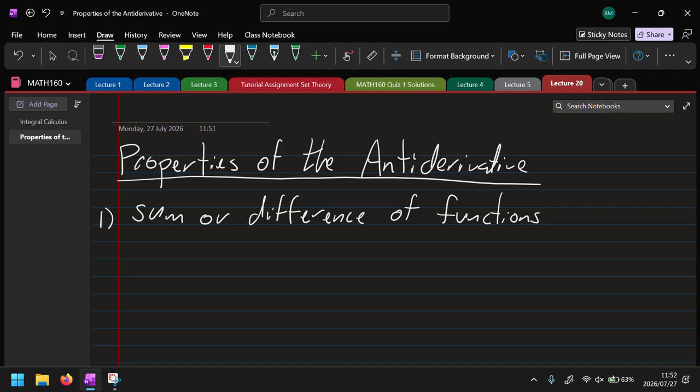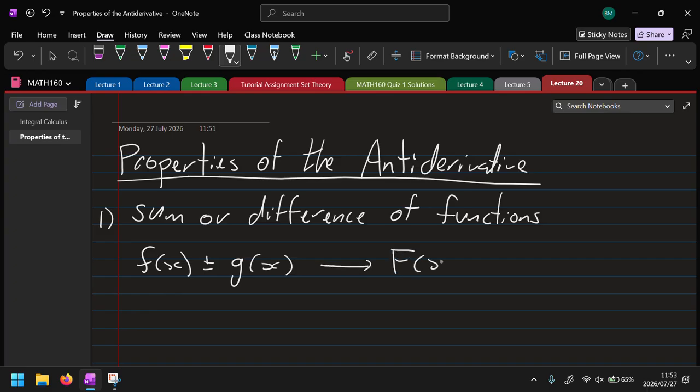Now there's only 2. You might think that's a good thing that there's only 2. We'll see that's actually a very bad thing. So sum or difference, if we have f of x plus or minus g of x, and now we're looking for the antiderivative not of an individual function, but a sum of functions. The nice thing is if we have a sum or a difference, we can look at each one individually. So the antiderivative of the sum is the sum of the antiderivatives.